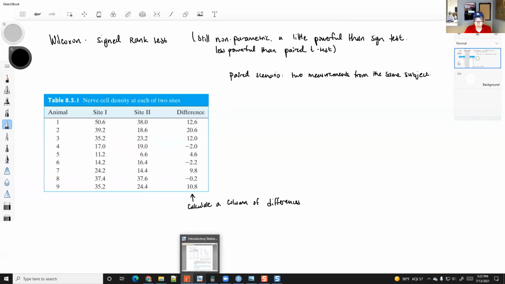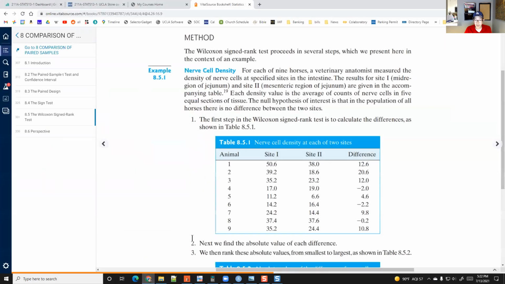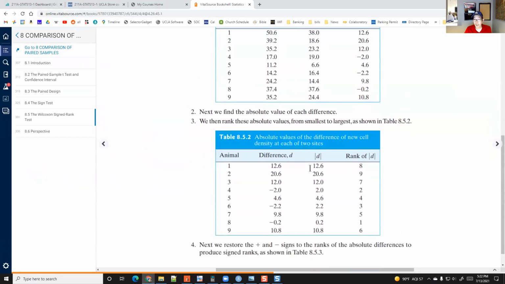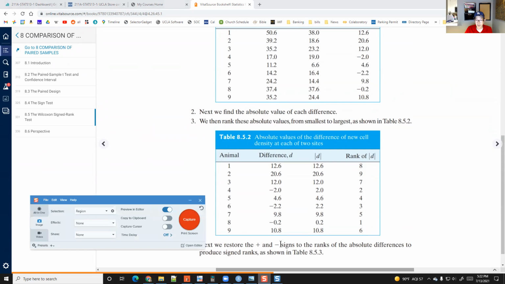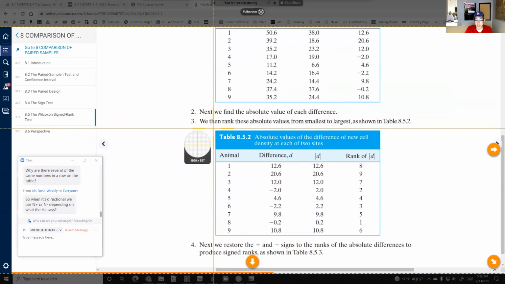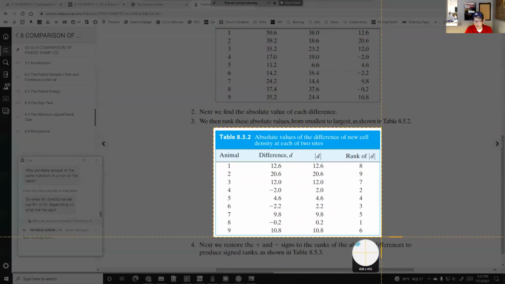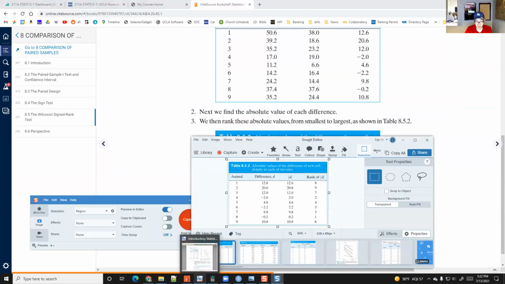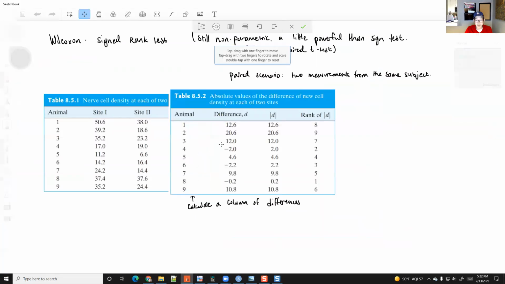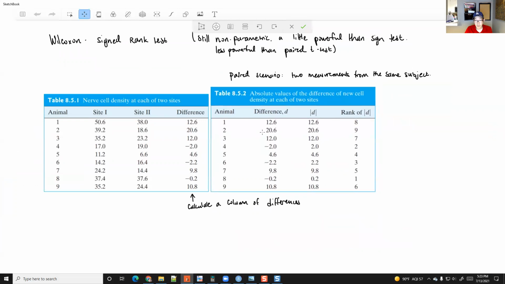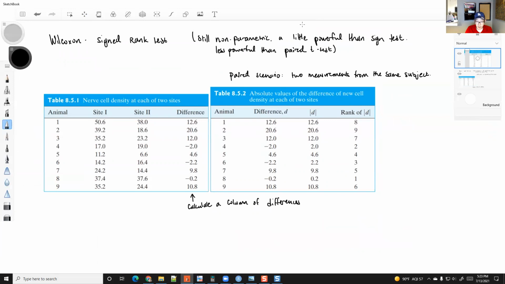And then you take the absolute values of the differences, and then you rank them from least to greatest. So I'm going to go ahead and just copy this over here. Calculate a column of differences. So this is step 1, calculate the column of differences.